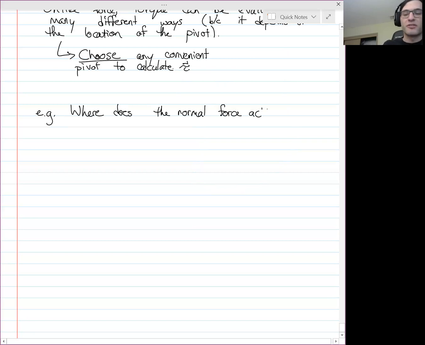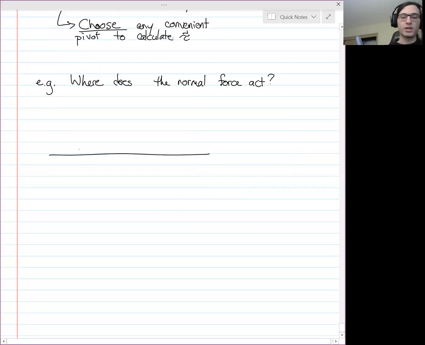And that's by using the fact that the net torque has to be 0 on the system. So let's say that we have the ground, and then we have some lumpy thing. And let's say that its center of mass is here, so there's gravitational force pushing downwards. Now the normal force is going to be somewhere down here. The question is where?